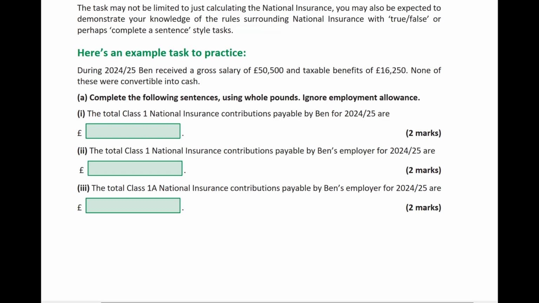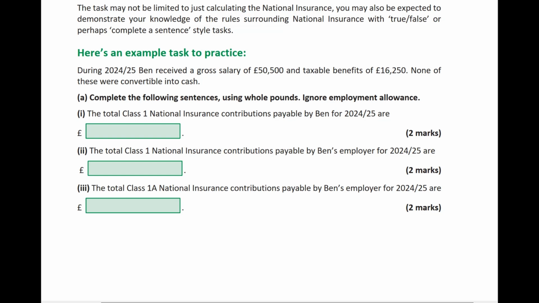So what we should know then here is that when we are dealing with Class 1 national insurance, that's going to be the national insurance payable on our salary. It's not payable on benefits unless they are convertible into cash. So we're not going to pay Class 1 national insurance on that £16,250.